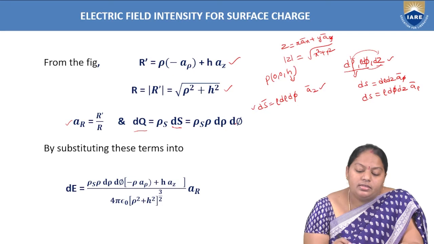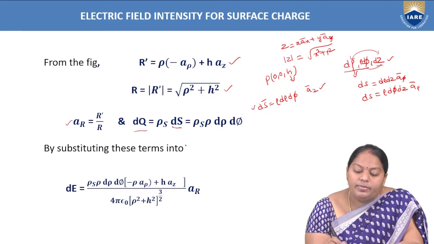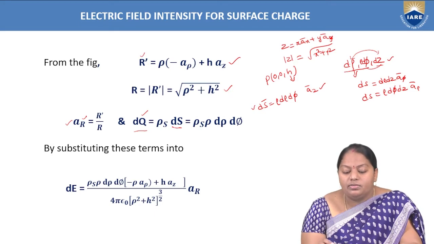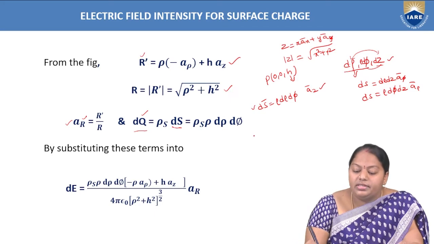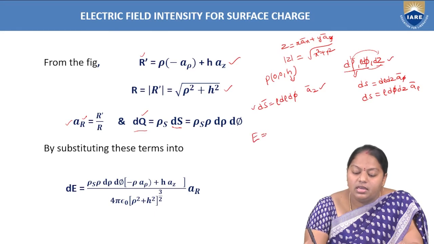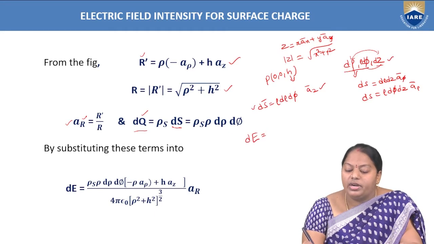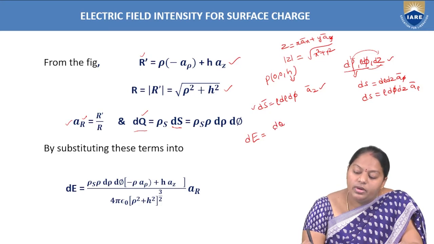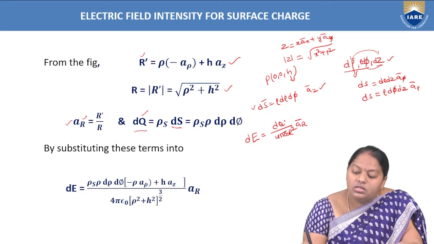Hence, by considering dq, ar and vector r, we need to substitute all in the electric field intensity differential equation dE equals dq by 4 pi epsilon naught r square into ar. So from this, what is dq?